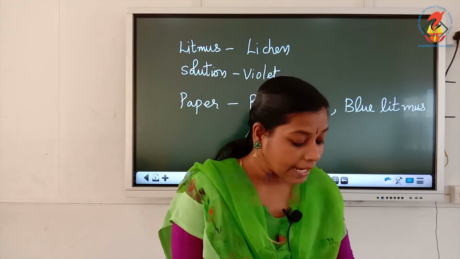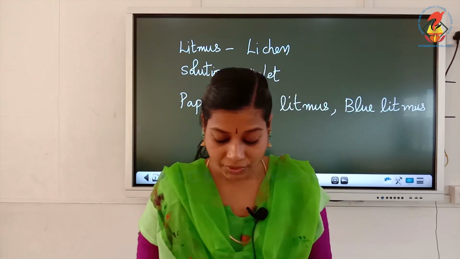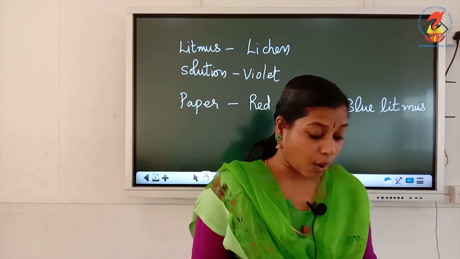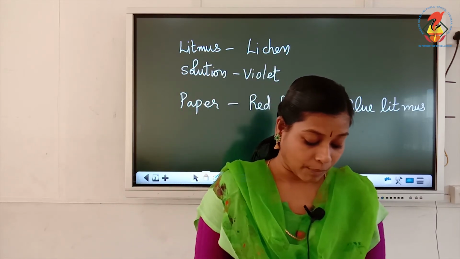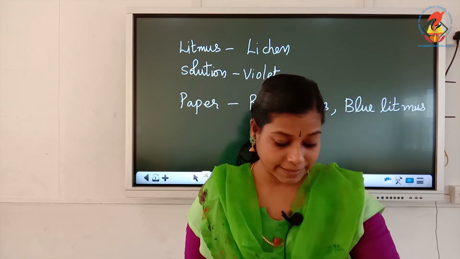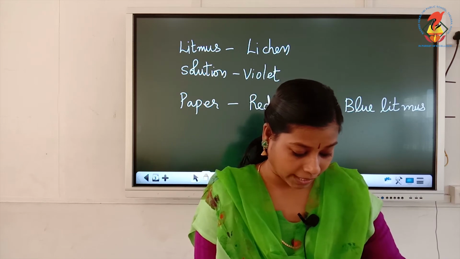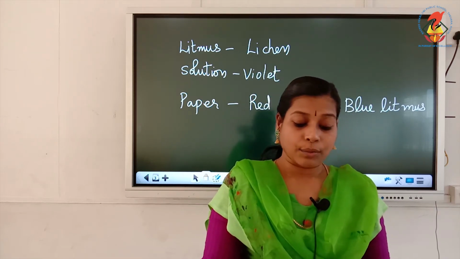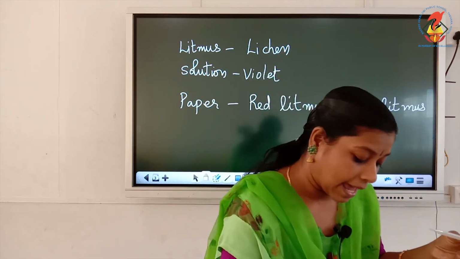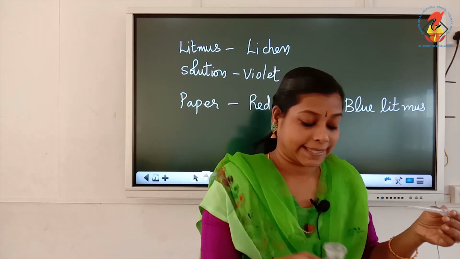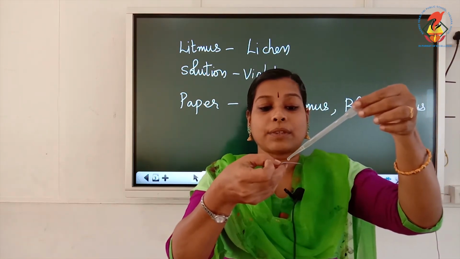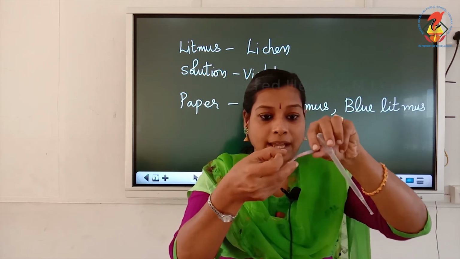Now we can see what is the color generated for this litmus when it is in contact with an acid. When litmus is in contact with an acid, what can we see there? Do you observe this color? This is blue color and this is acid, sulfuric acid. So, I am putting a drop of the acid on this and you can observe the color produced.